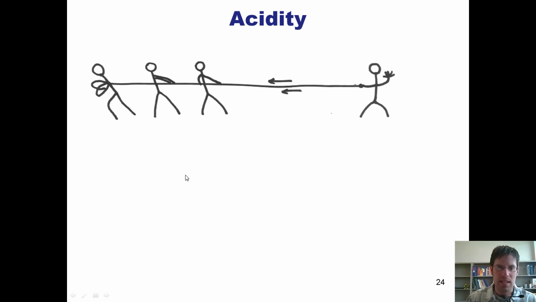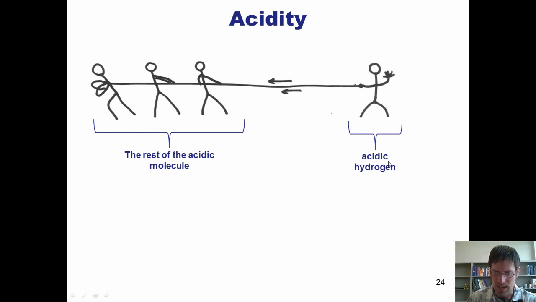Let's pretend that these three guys over here are playing tug of war with this little guy over here. These three guys represent the rest of the acidic molecule in question. This little guy represents an acidic hydrogen who's holding on to the rope with only one hand. You can see, with his free hand, he's waving at us.